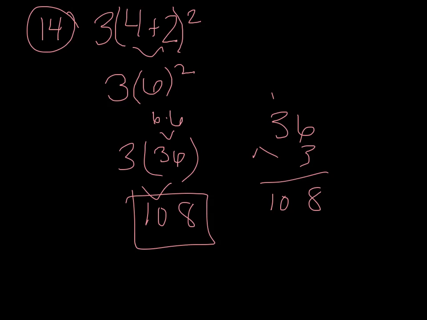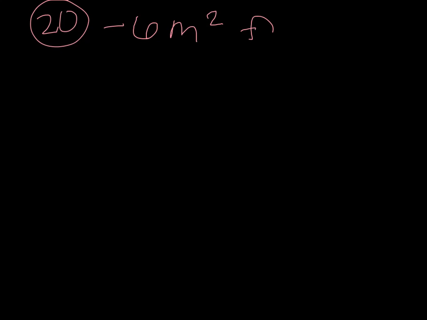All right, let's go. I'll do number 20 next. Number 20 says evaluate each expression. Negative 6m squared, for m equals 2.